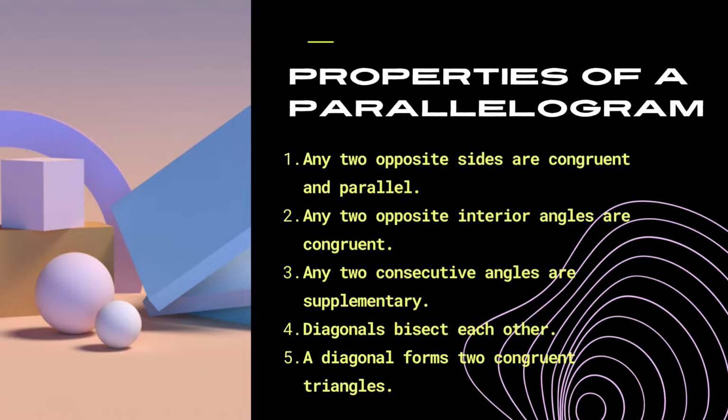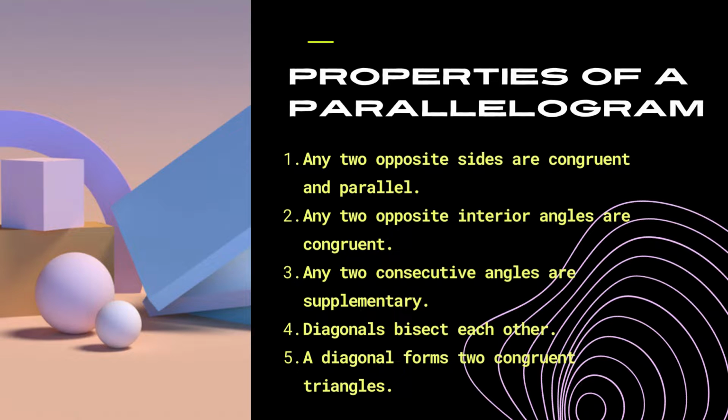To achieve our second objective, we have here the properties of a parallelogram. The first property states in a parallelogram, any two opposite sides are congruent and parallel. The second states in a parallelogram, any two opposite interior angles are congruent.